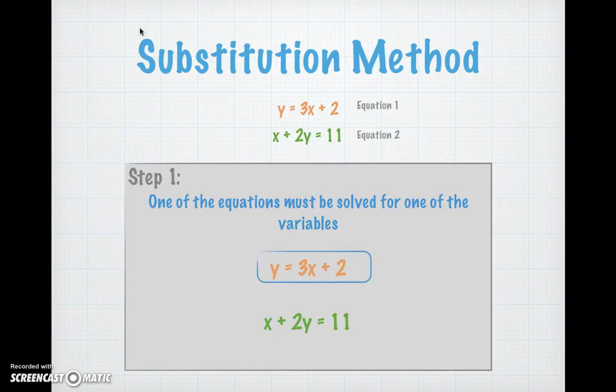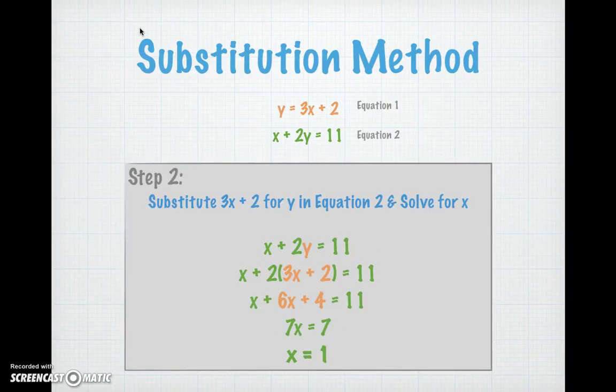If we look at our equations, we see that y equals 3x plus 2 has already been set equal to y, or it has been solved for the variable y.